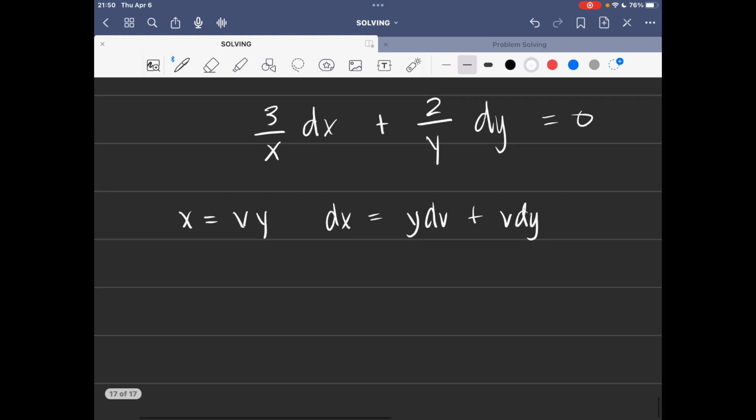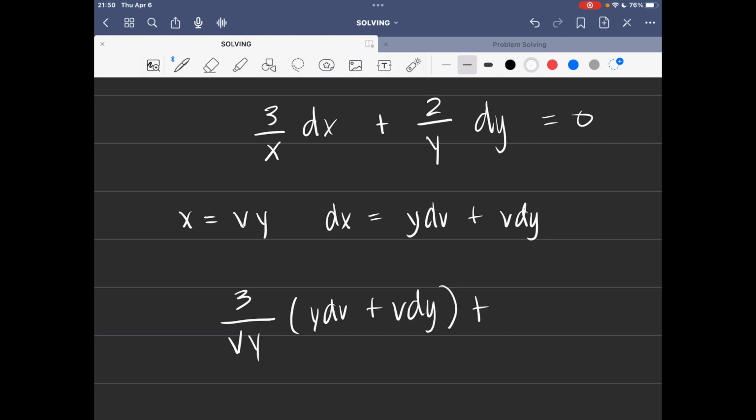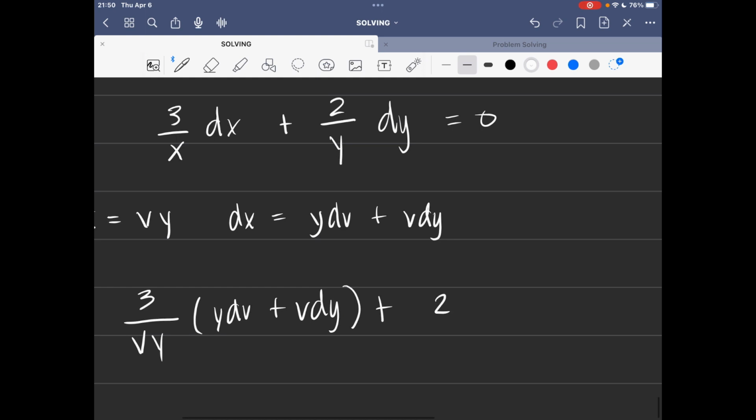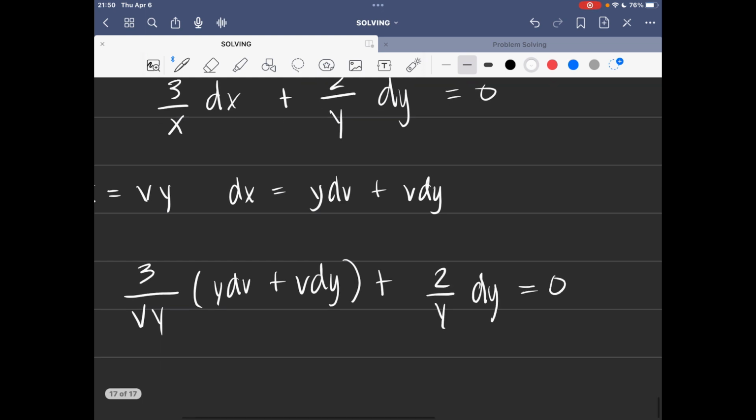So 3 over x is equal to 3 over vy, times dx, which is y dv plus v dy, plus 2 over y dy is equal to 0.